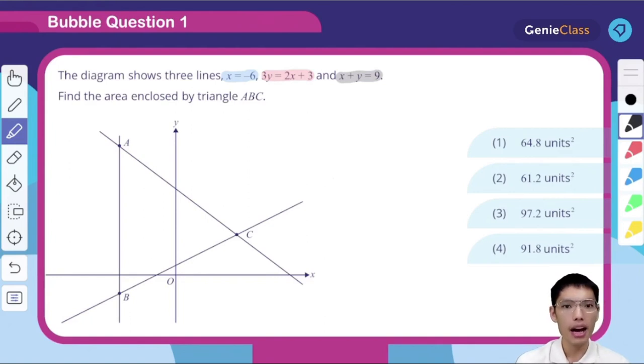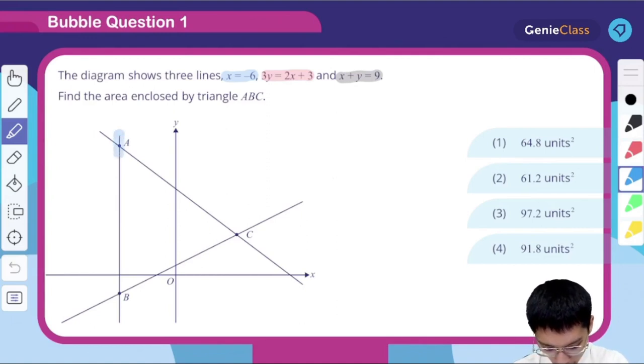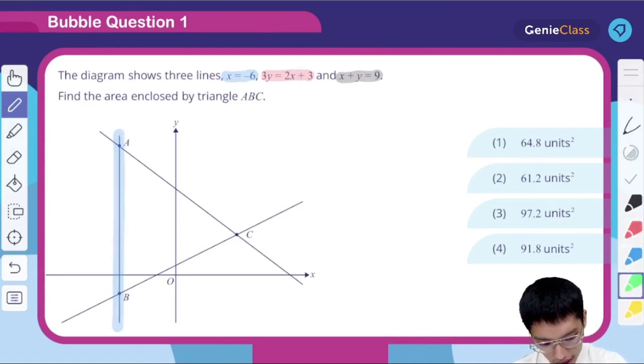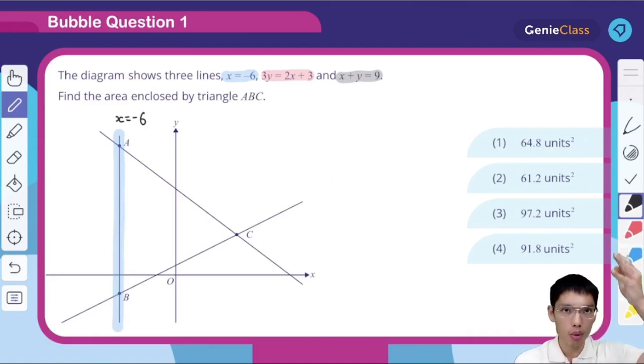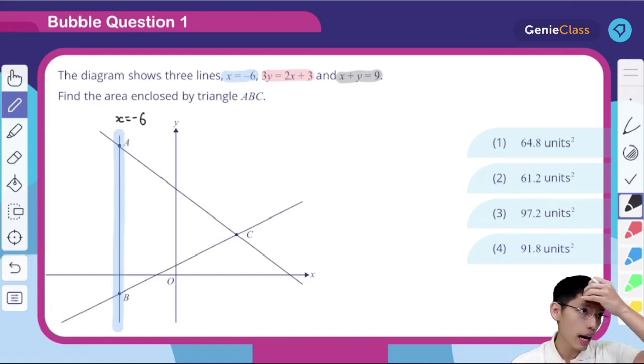Okay, but I hope that by now all of you should be able to identify that this line over here is x equals minus 6. If not, please revise and go back to Sec 1 lesson on linear functions to understand why the vertical line is as such. For the other two, I hope you all can try your best to solve, because this is a lot of equations that you need to consider.